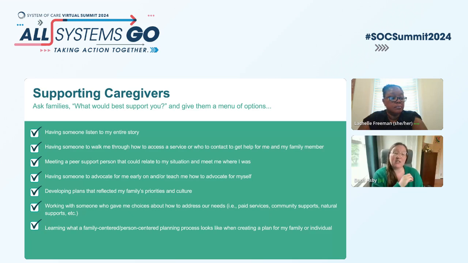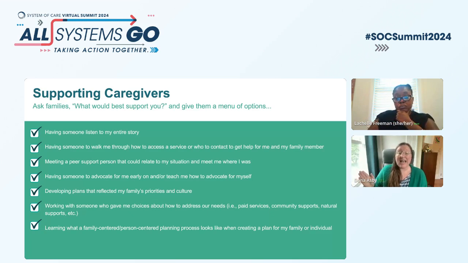It might be listening to the family peer's story. It might be having someone walk them through accessing services. It might be having someone advocate for them early on and then teach them how to advocate for themselves. And it might be learning what a family-centered, person-centered planning process looks like when they're creating their plan. But giving the family that autonomy and that decision-making power can be really, really powerful.